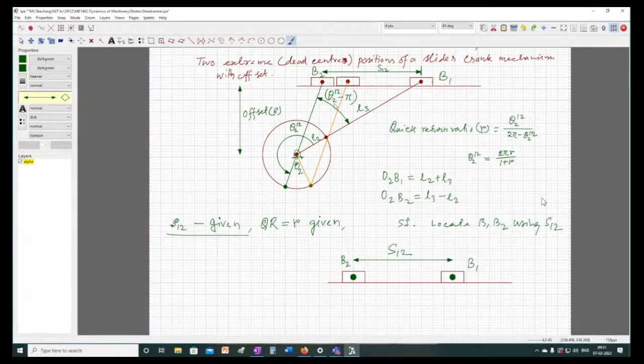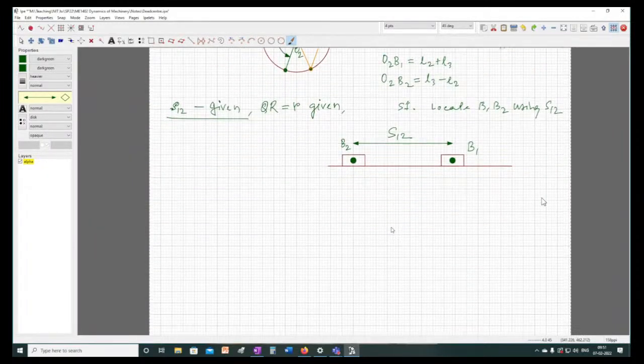See how to use that theorem here. Just see this angle. This angle is known to us. That is theta 2 1 minus pi, right? Theta 2 1 minus pi. If this angle is known to us, then follow the step.